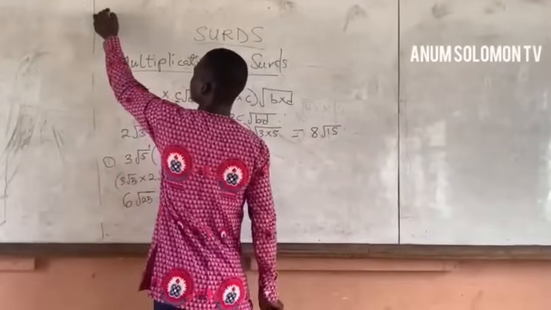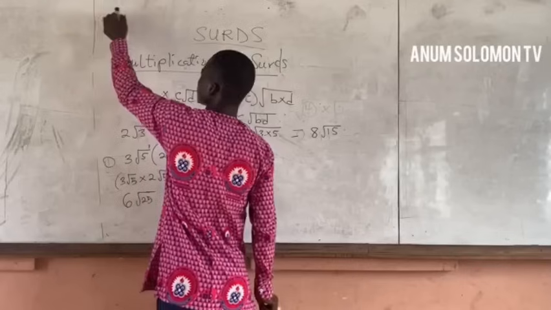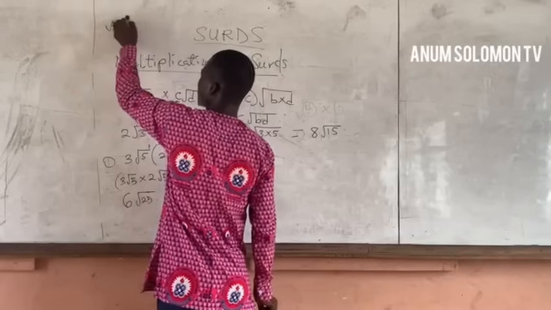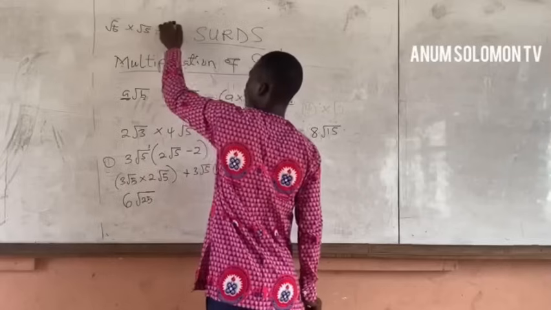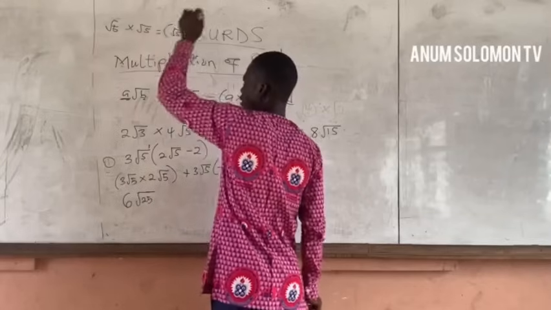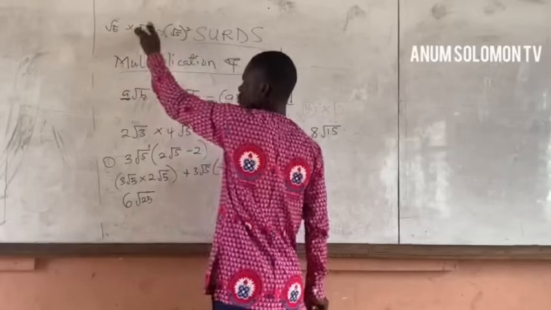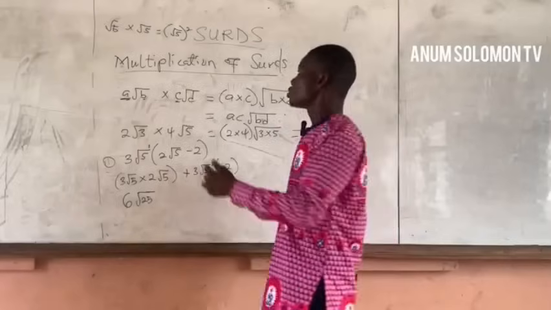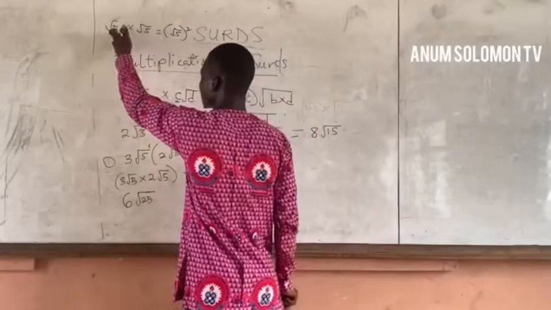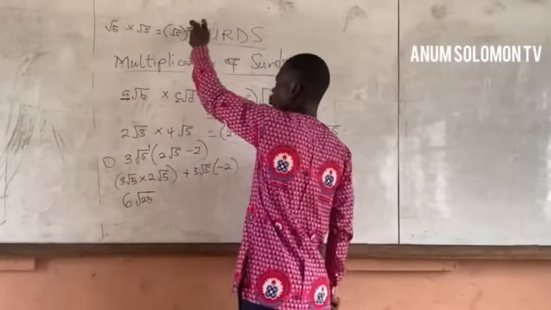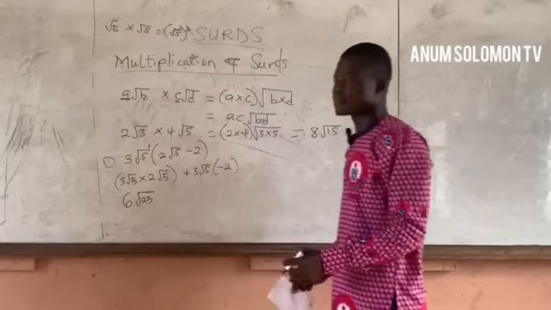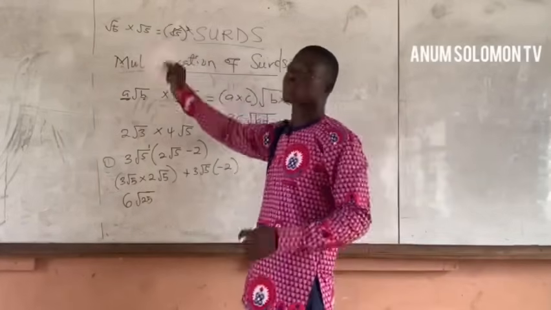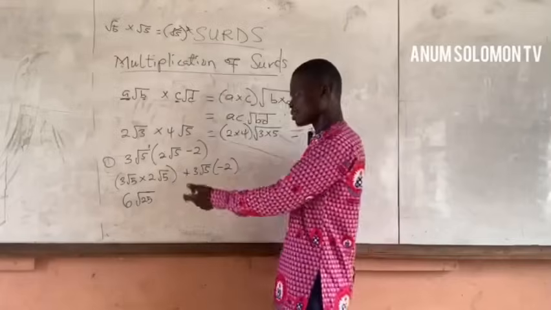Because root 5 times root 5 is root 5 all squared. If it is x, x times x is what? x squared. So since they are the same form, root 5 times root 5 is 5 all squared, so the square takes away the root. So meaning root 5 times root 5 is 5. You can just write it straightforward.